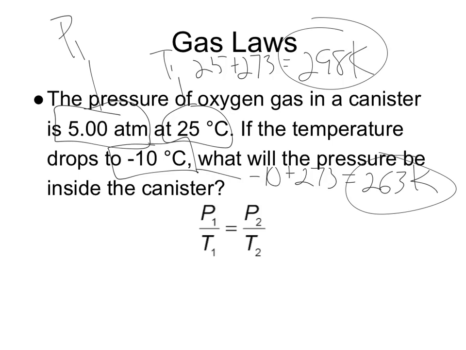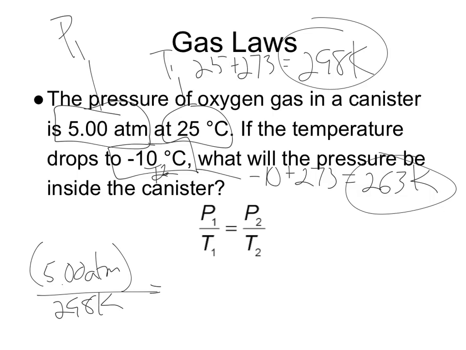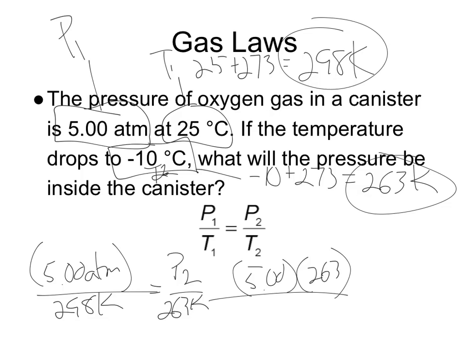That's my temperature 2, T2. And I plug those numbers in. So my starting pressure is 5.00 atmospheres. My starting temperature was 298 in Kelvin. And that equals pressure 2, which I need to find, divided by temperature 2, which is 263 Kelvin. Rearrange that. It's 5.00 times 263 over 298 equals P2.